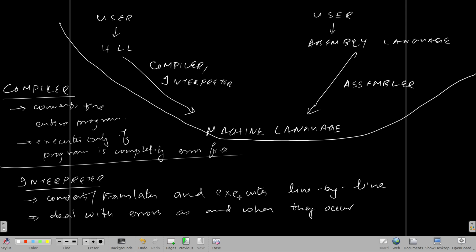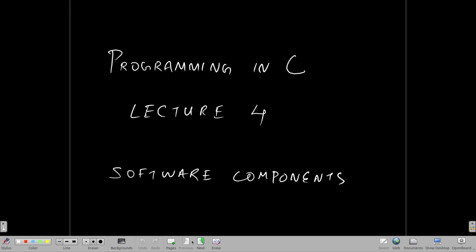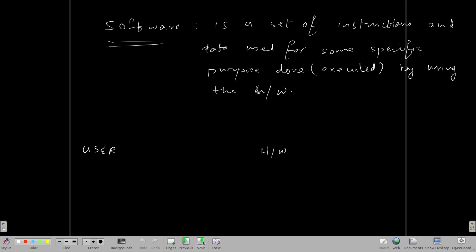That is the main difference. There are some more differences, but the main thing is that the compiler converts the entire program as a whole, and the interpreter translates and executes line by line. That is the thing that is of main consequence to us as far as the scope of this course is concerned. You can look up on the internet if you want to know more about compilers and interpreters and the differences. So that is regarding this software part.